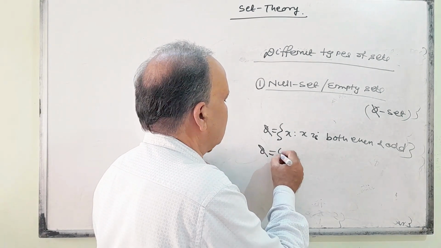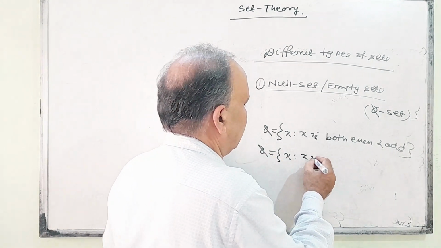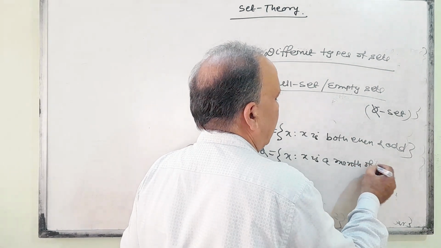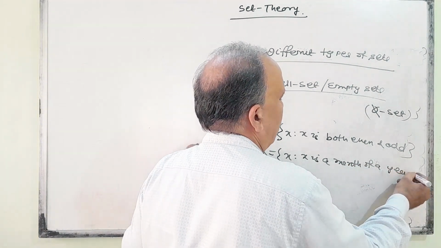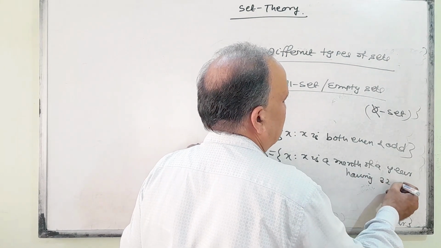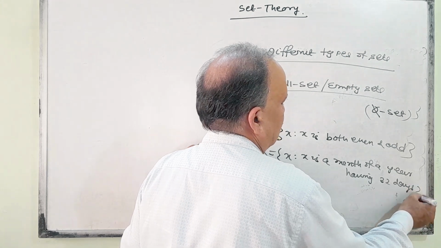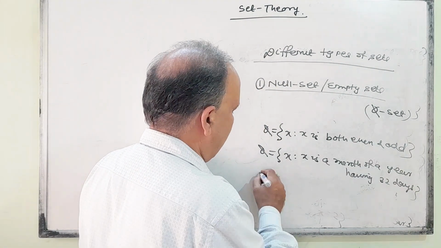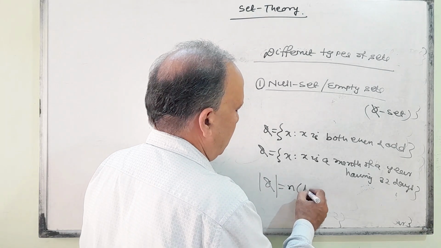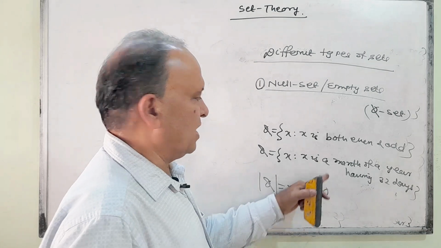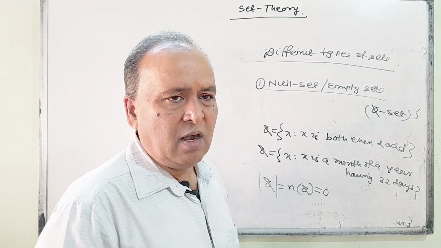Another is phi is equal to x such that x is a month of a year having 32 days. It is also quite impossible. So you can say order of phi is equal to 0. That means it has no elements. So these are called null sets.